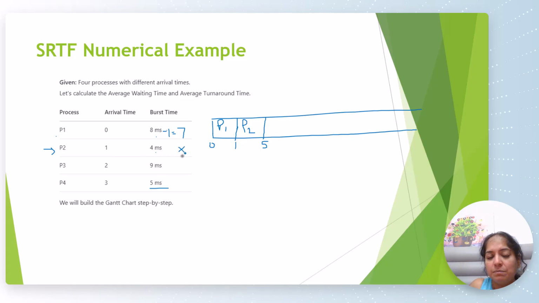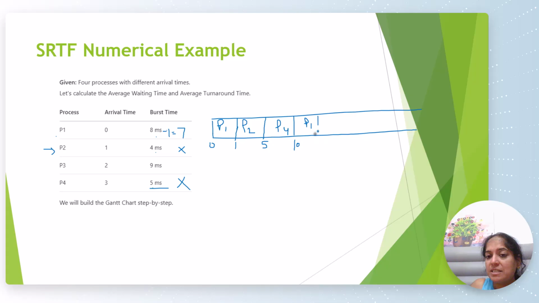Now all the processes are in the ready queue with their burst time. P2 is complete. Now, out of the remaining processes, the one having the shortest burst time is P4. So P4 will be executed now. So 5 plus 5, which is 10, because the burst time of this is 5. Now it is also complete. Out of P1 and P3, the one having the shortest remaining burst time is P1, which is 7.